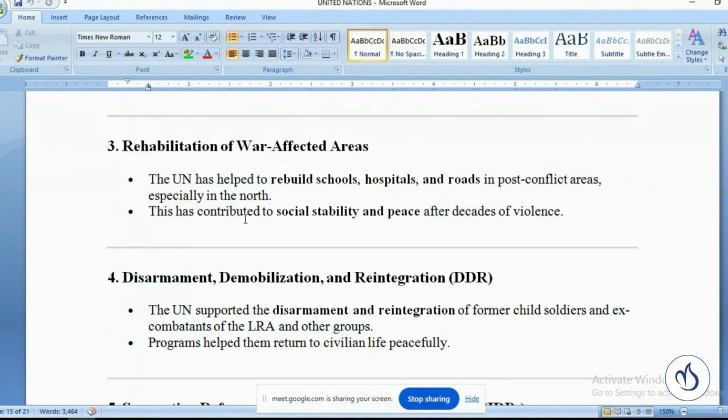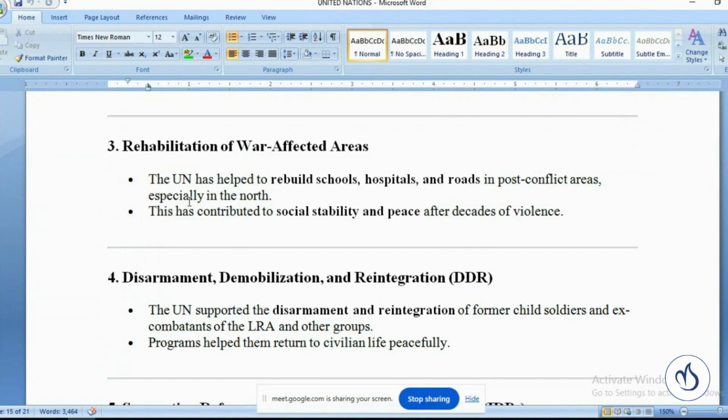If a certain country has wars, if a certain country has conflicts, after those conflicts, UN comes in to resettle that area. For example, it will come and reconstruct roads, hospitals, and rebuild schools. Here in Uganda, they are giving, especially in the North.